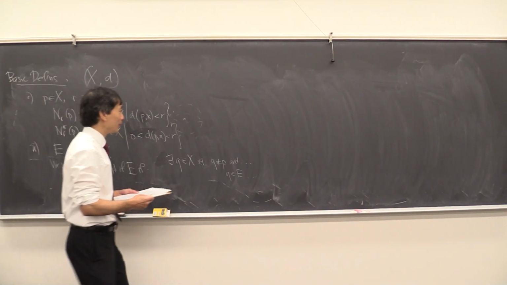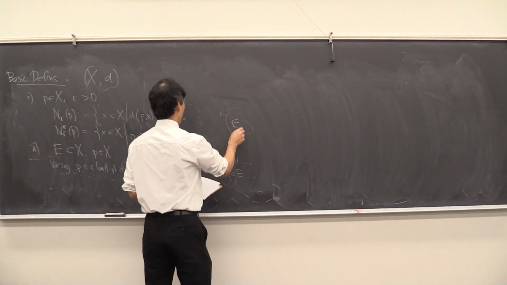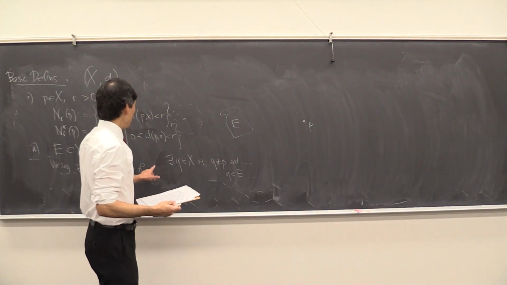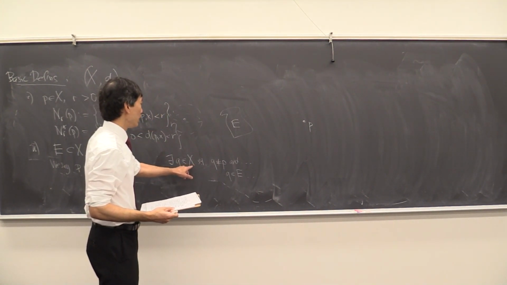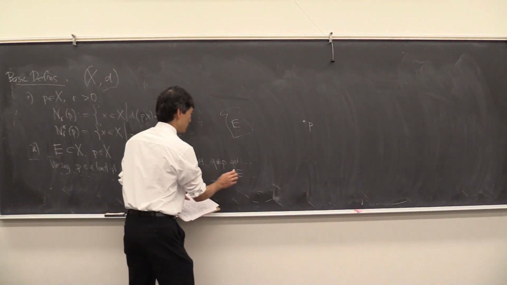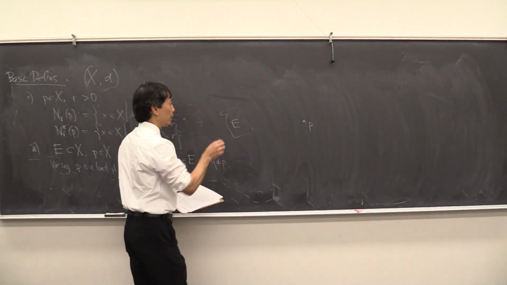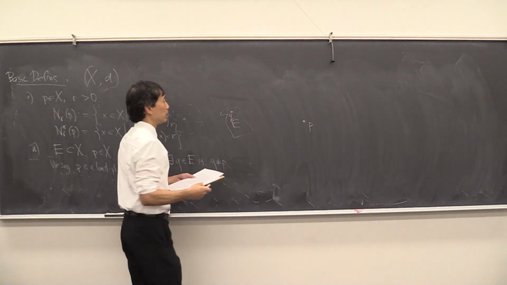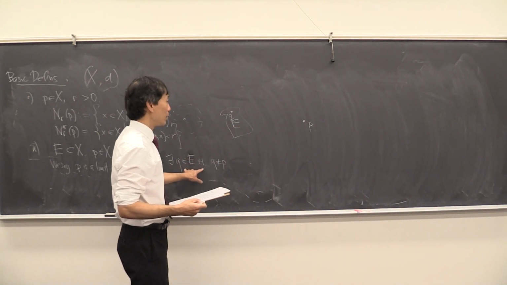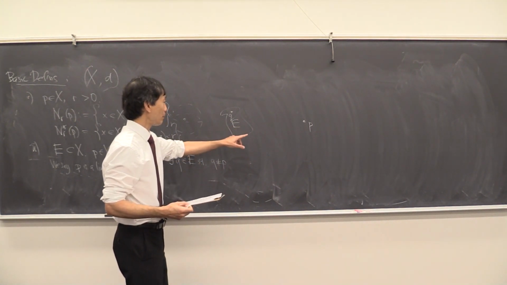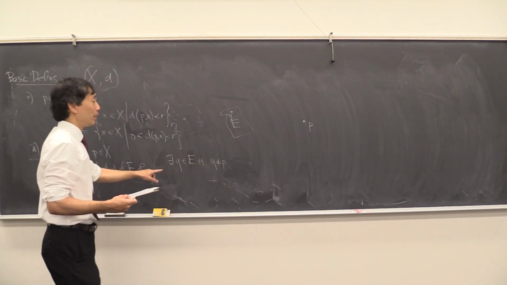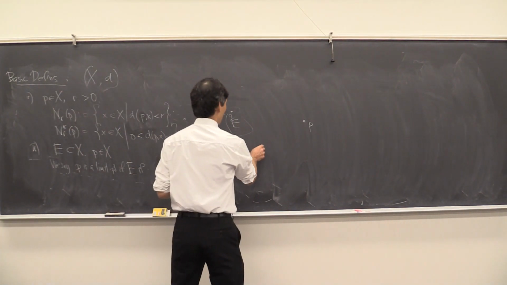All that would mean is that, here is E, and let's suppose this is P. There exists a point Q in X, there exists a point Q in E that's not equal to P. That would mean, here's Q, and it's in E, and it's not equal to P. So P is the limit point in this picture, right? But in that case, is this a limit point?